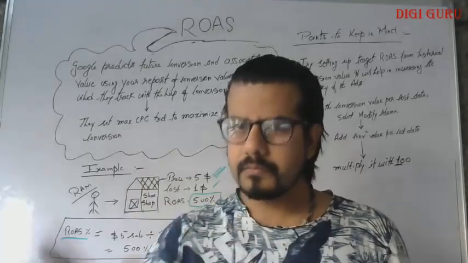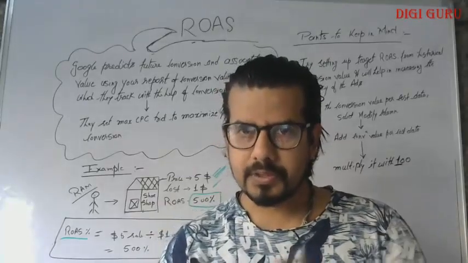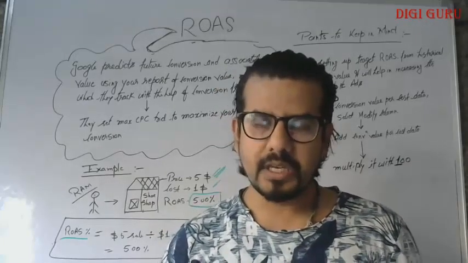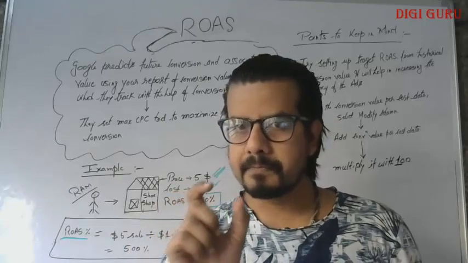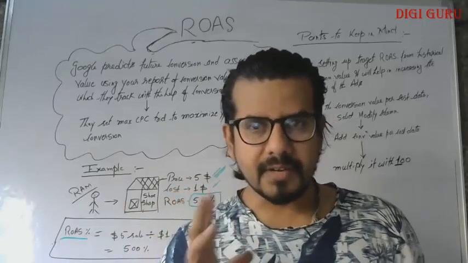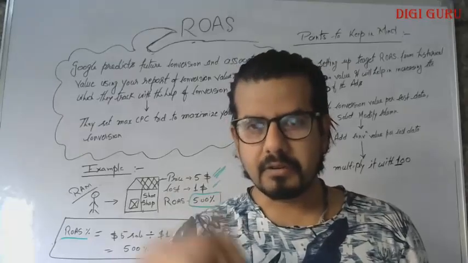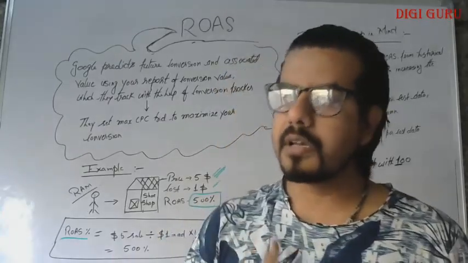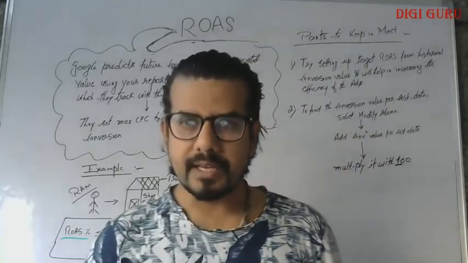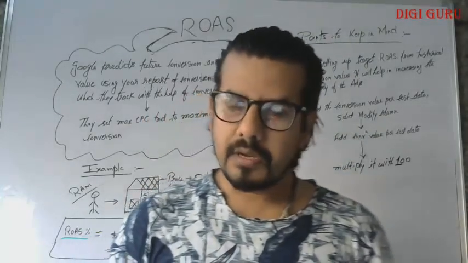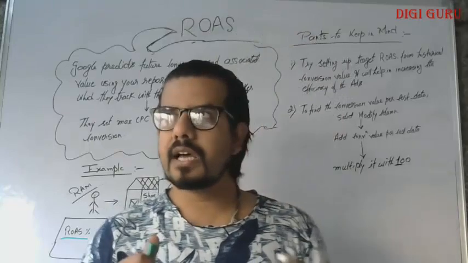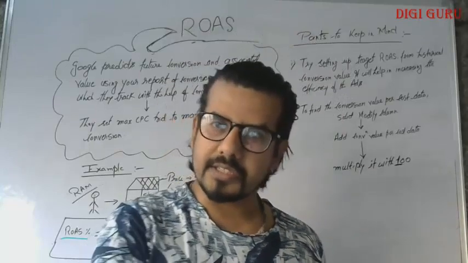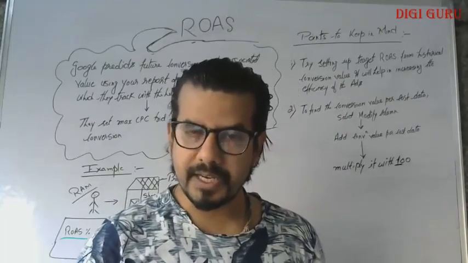So while using the ROAS bidding strategy, we will be providing the percentage that I want, 500 percent return on ad spend. That is, with the help of $1 spent, I want to earn $5 from my ads revenue, right?